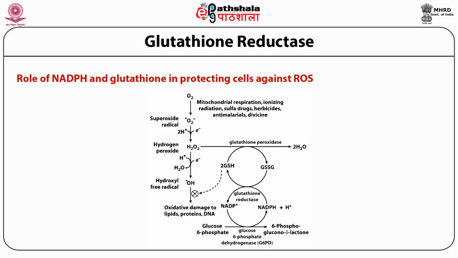In the erythrocyte, to reduce hydrogen peroxide level through a GSH-dependent redox reaction catalyzed by the enzyme glutathione peroxidase, a high level of GSH and therefore a high level of NADPH are needed.